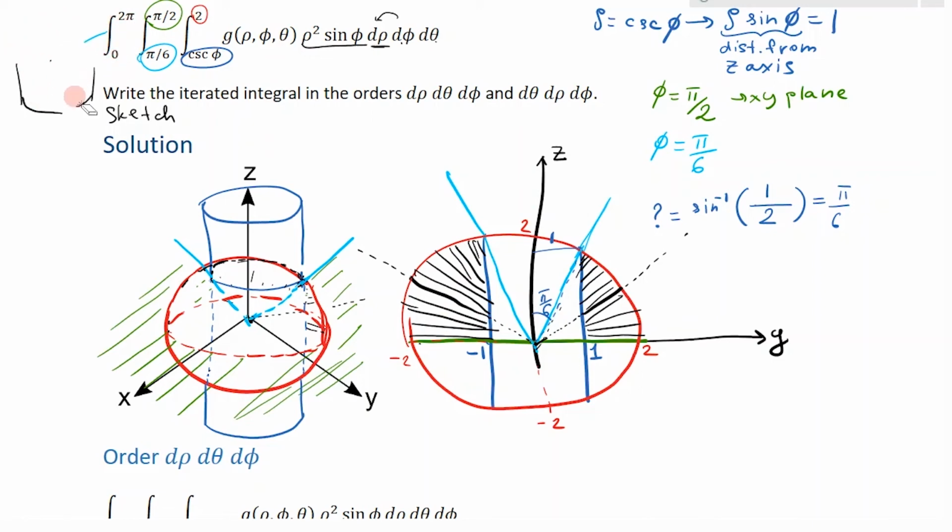Basically, this situation, which I drew for theta equals 0, and also for theta equals pi, because this is the negative y, z part of the plane, is going to happen not just for these values, but for every single value of theta.